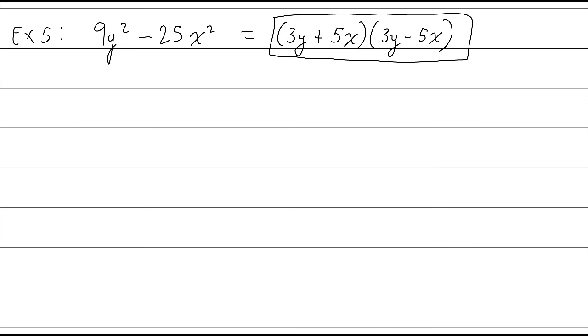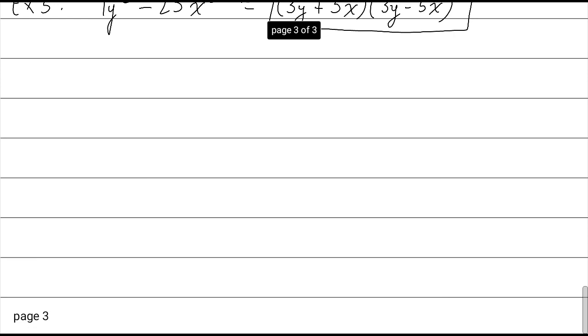Okay, let's get to some that are a little bit more challenging. Example 6. Here we have 8y squared minus 18x squared. Just looking at that, it doesn't seem to be quite difference of squares. But remember, we should always be checking for common factors. In this case, a common factor would be 2.